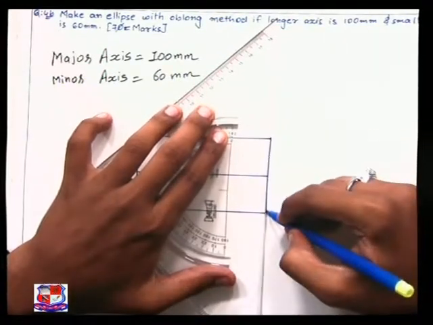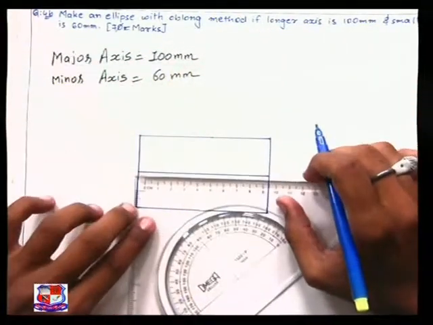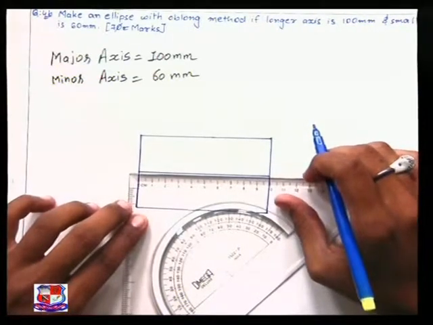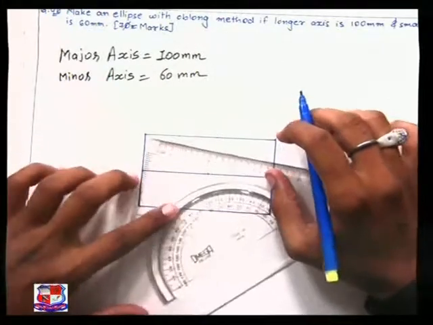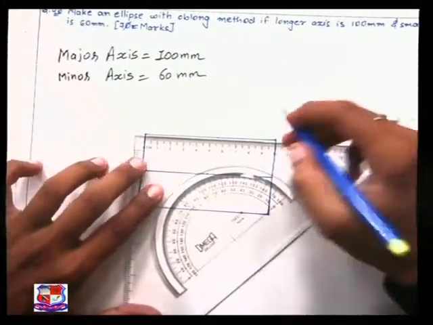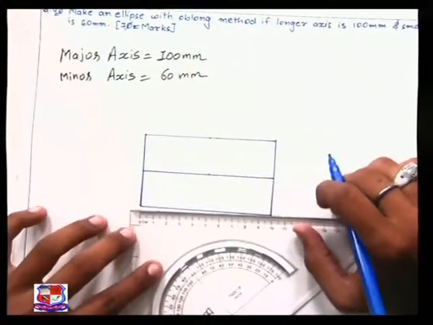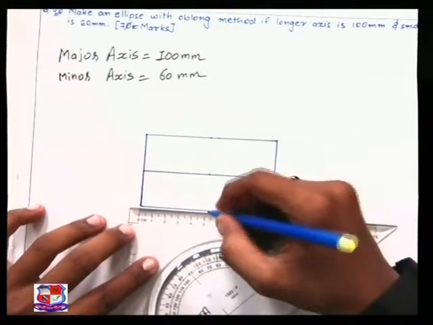We will close the rectangle. We will find the midpoint of 100, that is 50 mm, on each line, so that we can get a perfect perpendicular line.